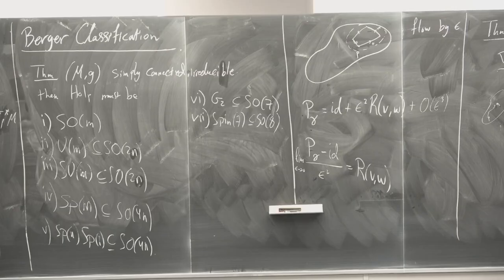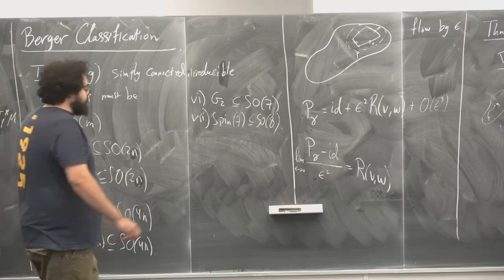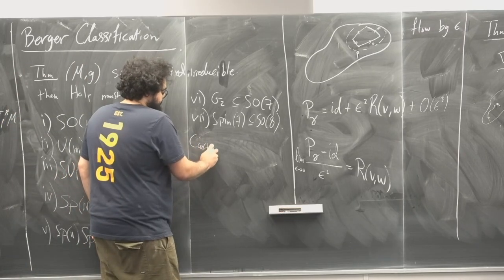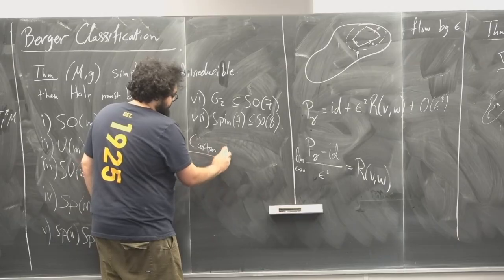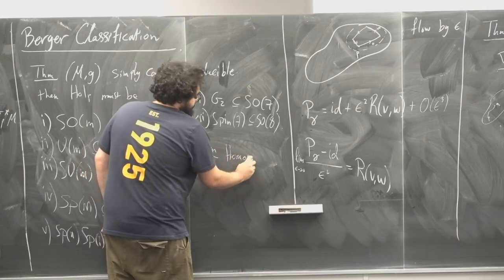Definitely don't have time to go through the proof, but I will say something about it. Essentially, you first want to talk about what can generally be subgroups of SO(n). I'm going to look at closed subgroups of SO(n). Those are actually classified by Cartan, which are the homogeneous spaces.